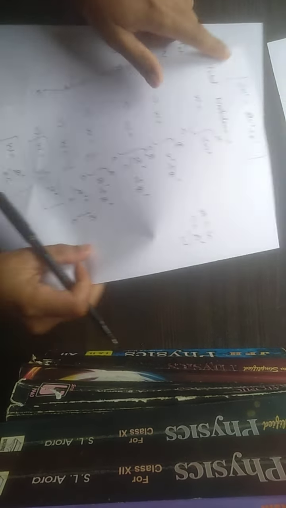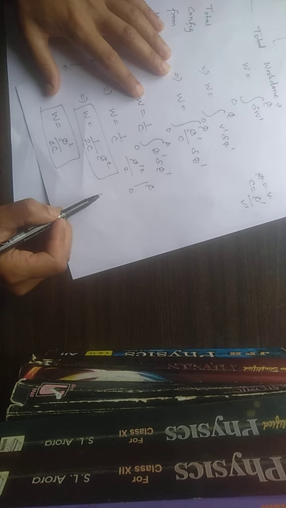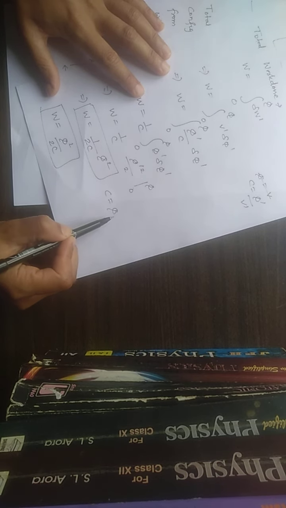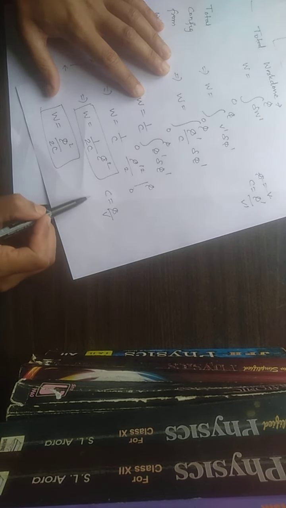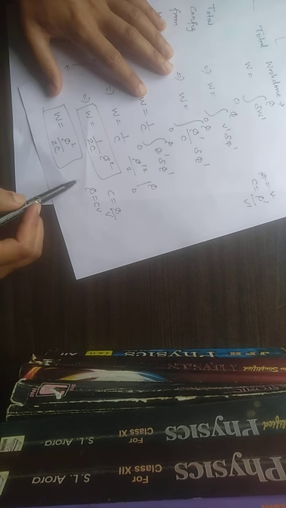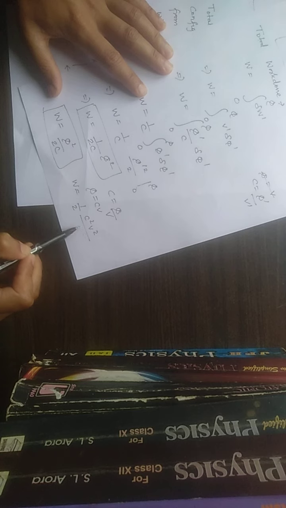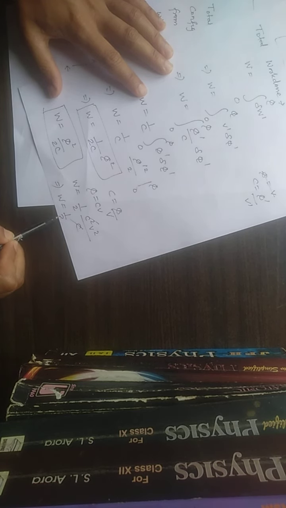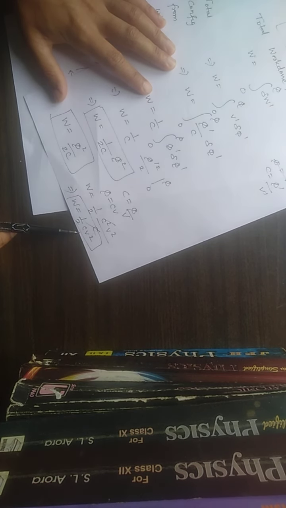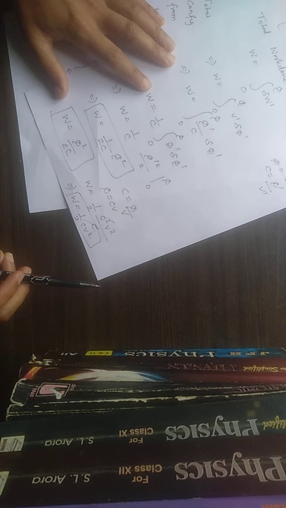This is the work done in making the configuration of the parallel plate capacitor. It can also be written using C equals Q by V. Since Q equals CV, the work done will be half C square V square by C. C cancels, so it is half CV square.